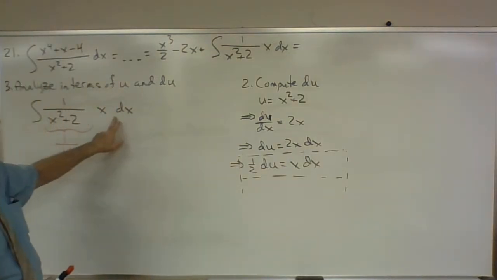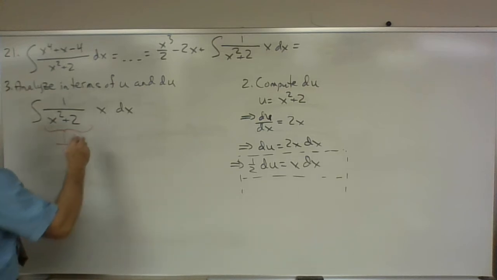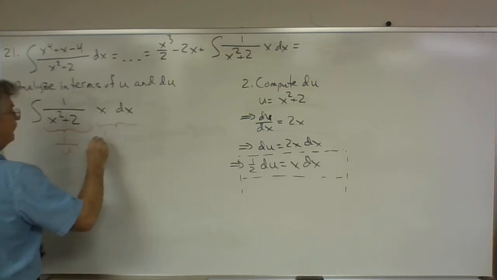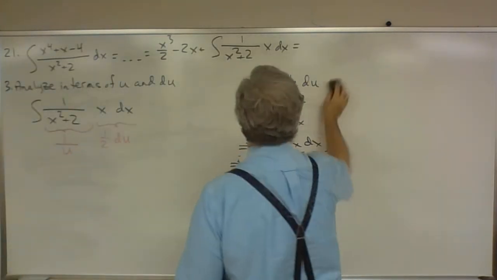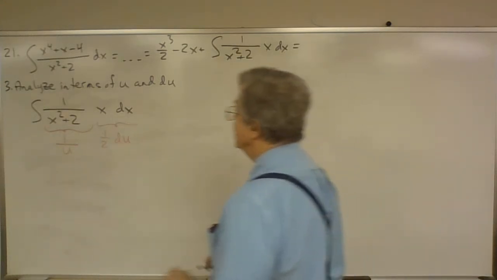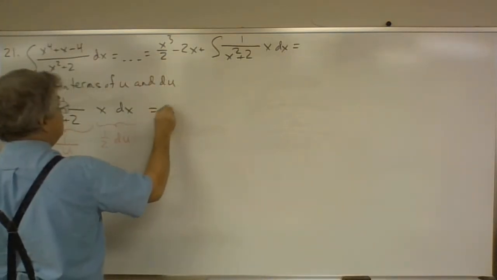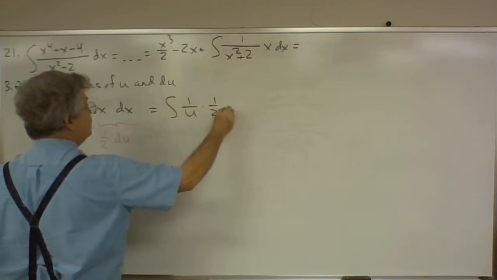So x dx, that's 1/2 du. In terms of u, this is 1 over u times 1/2 du.